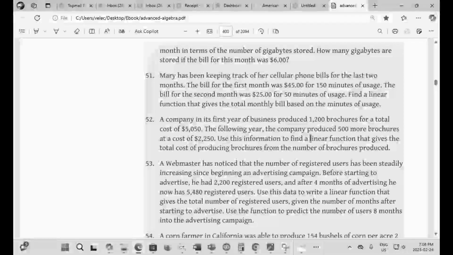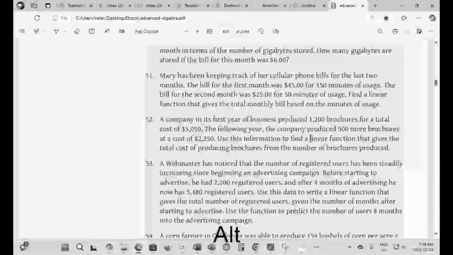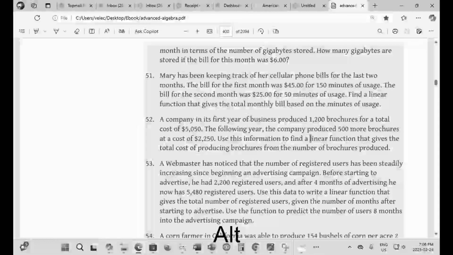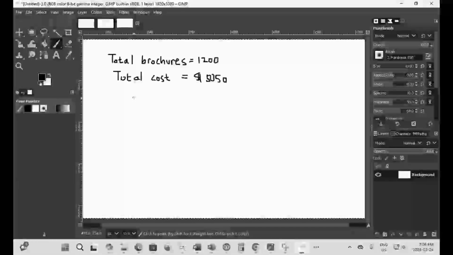Now, the following year, year two, the company produced 500 more brochures at a cost of $2,250.